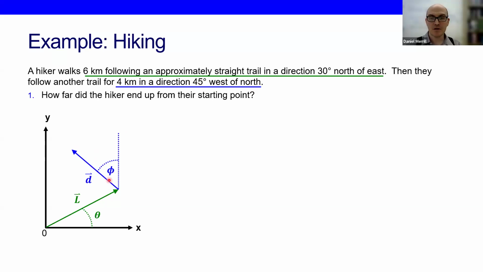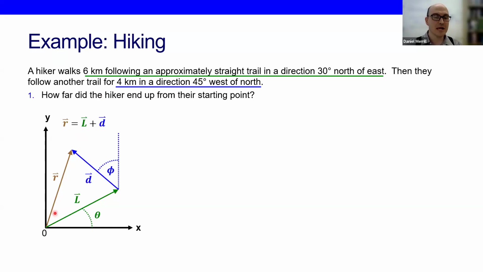My displacement, the answer to my question visually, would be this arrow, which I've labeled R, which is just going to be the sum of these two other arrows. So L plus D, but I can't do 6 kilometers plus 4 kilometers to get 10 kilometers. That doesn't work because they're not all in the same line.